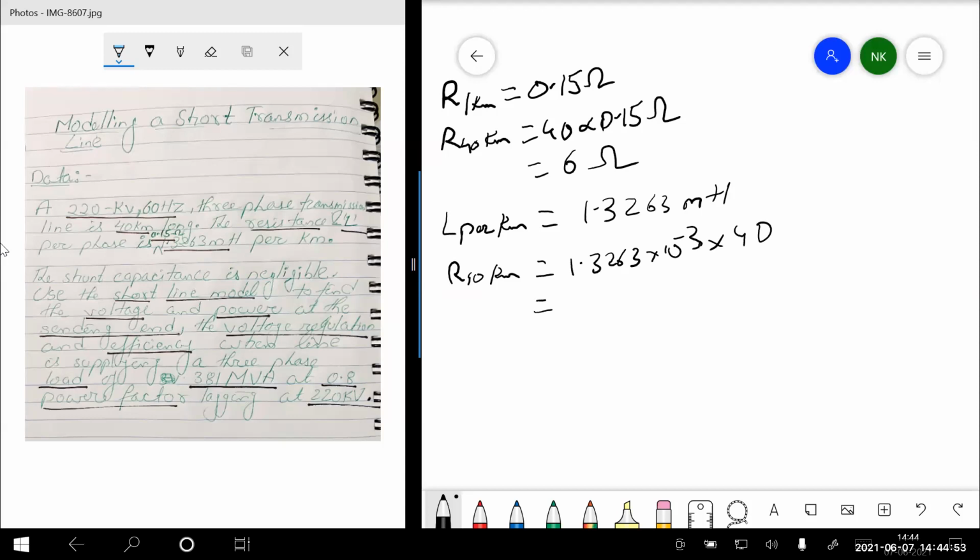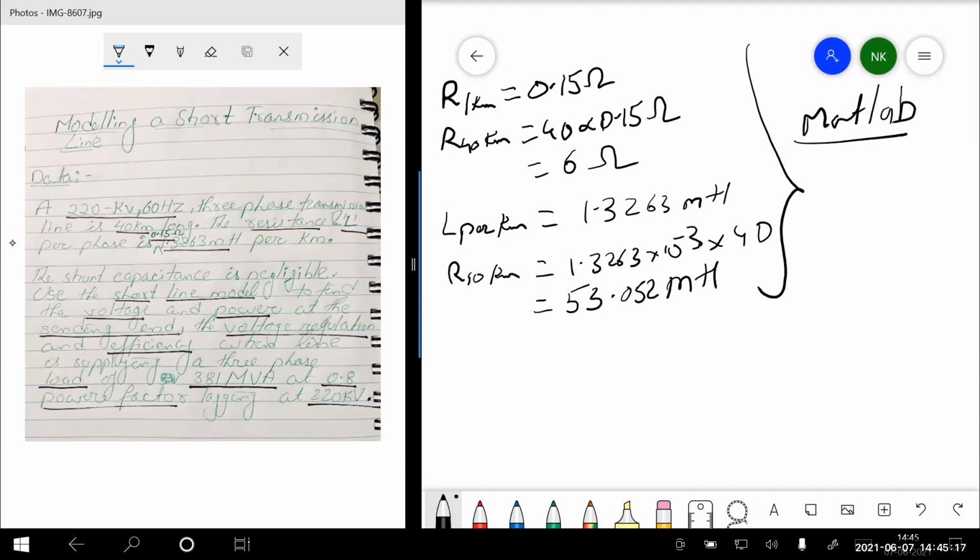So how much will that be? Sir, 53.052 millihenry. Henry, yes, sir. 53.052 millihenry.